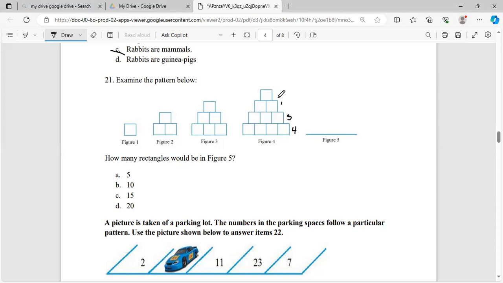What about figure 6? How many would be in figure 6? Somebody work that out and tell me.